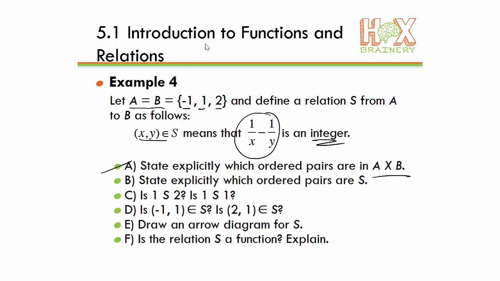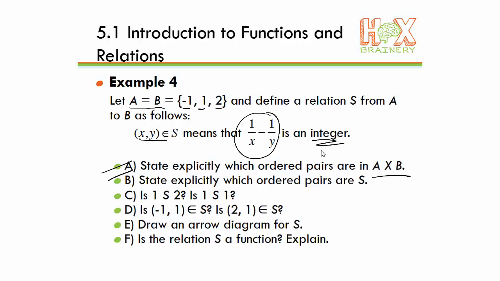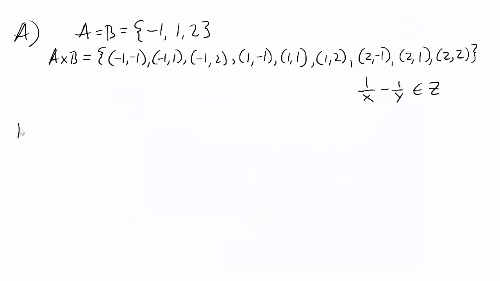Okay, so that's part A. Part B, now we want to state explicitly which ordered pairs are in S. So it has to meet this condition. This has to be an integer. So 1 over x minus 1 over y is an integer. Okay, this would be an integer. When you plug these in, it would result in an integer. When you plug this in, that would result in an integer.